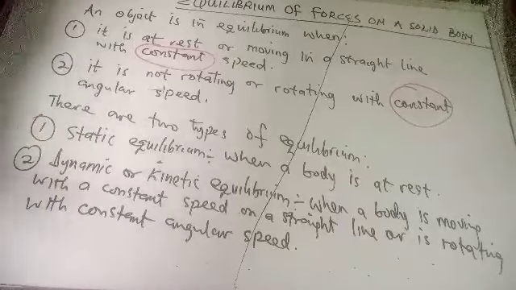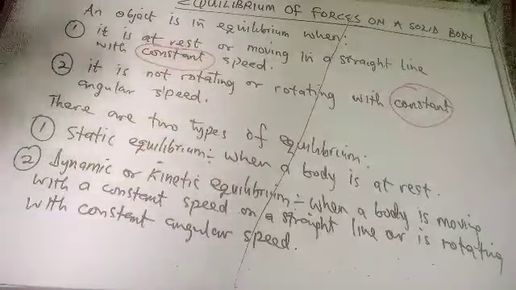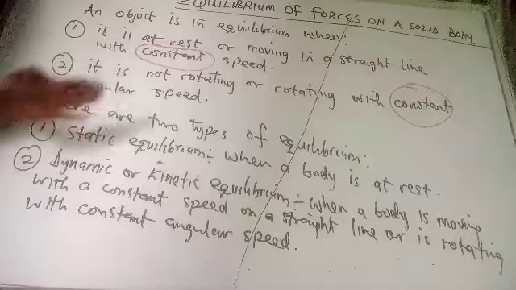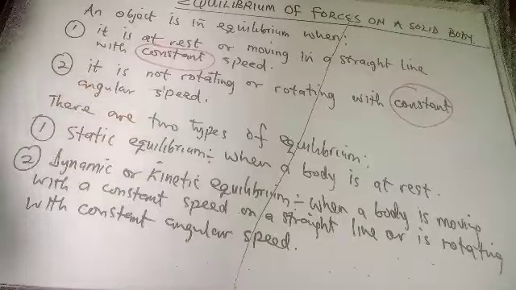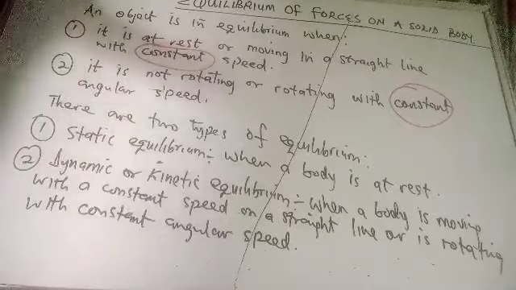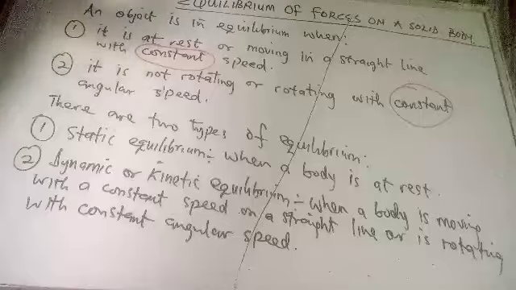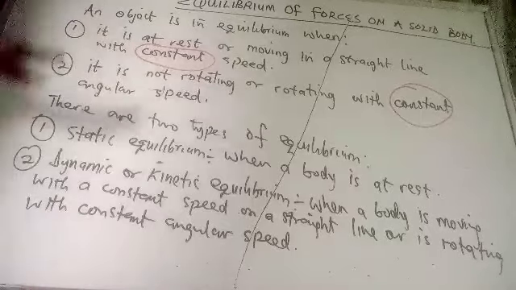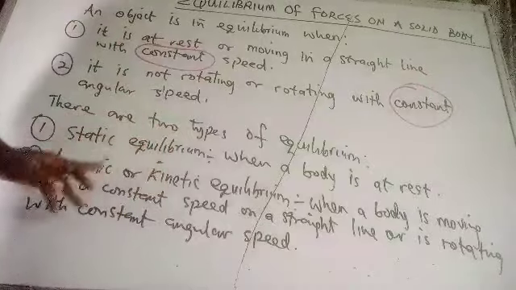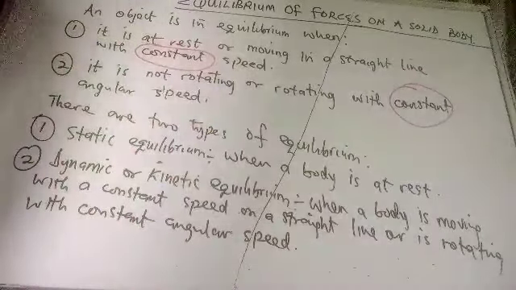So when a body is at rest, that is, stationary, it is experiencing static equilibrium. But when it is moving in a straight line with constant speed, or it is rotating with constant angular speed, such an equilibrium position is called dynamic or kinetic equilibrium.